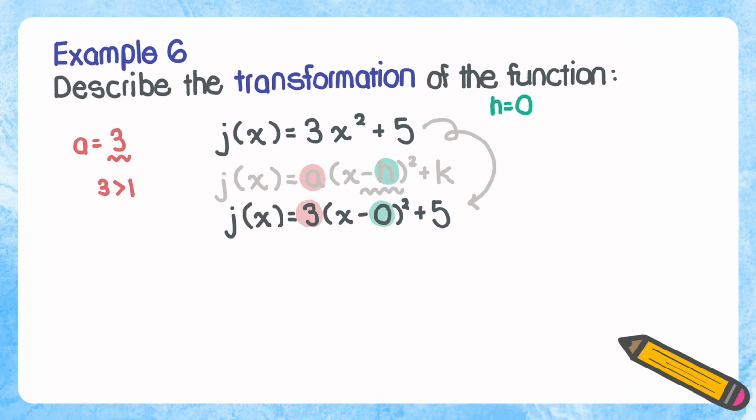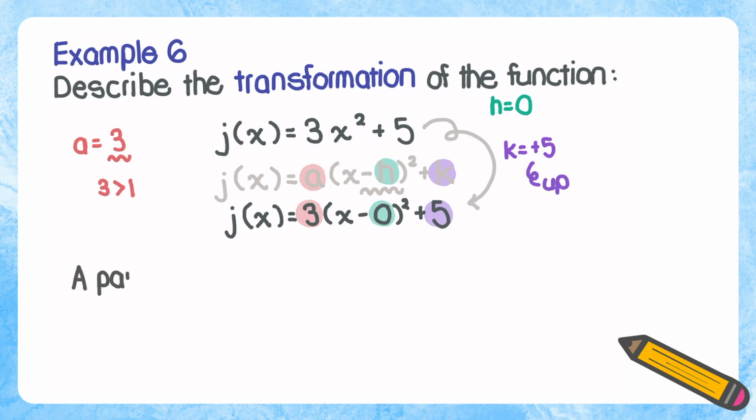Since h equals 0, there's no horizontal translation. We don't go left or right. And then k is replaced by 5. k equals positive 5, so we would move up.